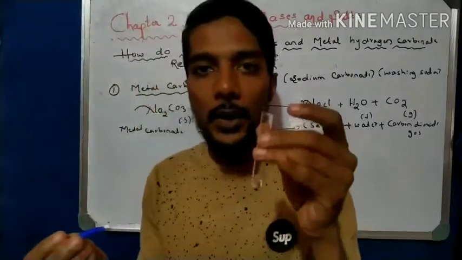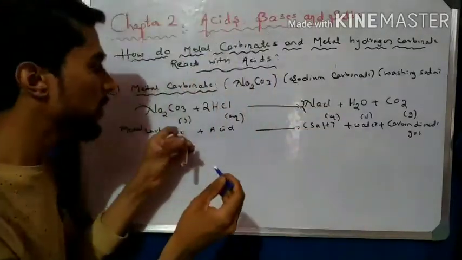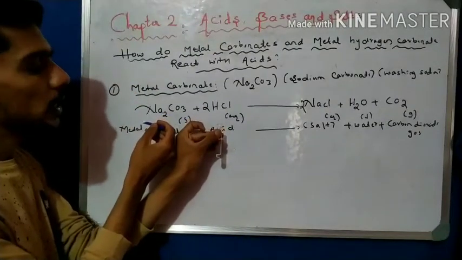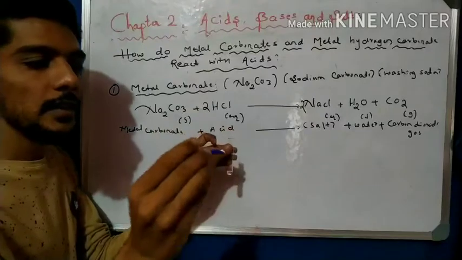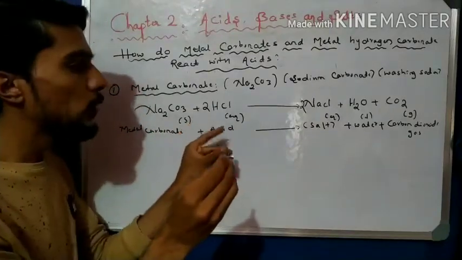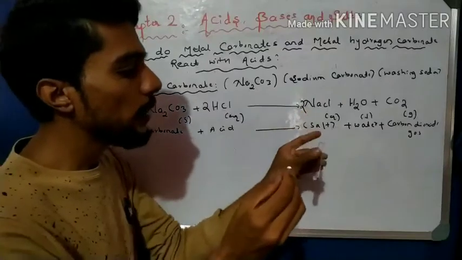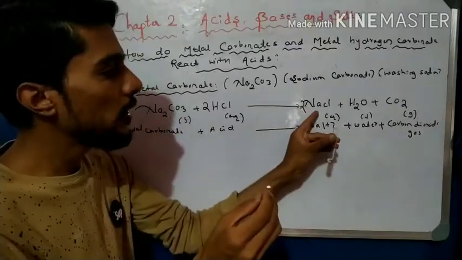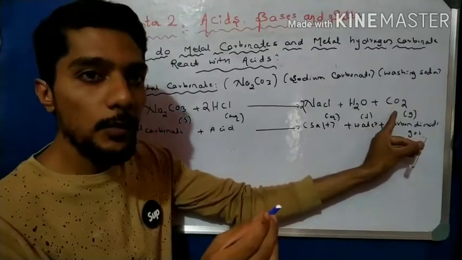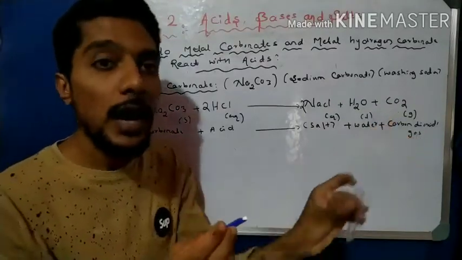It is the hydrochloric acid, and in this hand the metal carbonate, Na2CO3, the white powder. When they are added to each other, what happened? Salt is obtained, the aqueous solution, and water molecules are obtained, and the gas which is liberated we observe here is carbon dioxide gas.